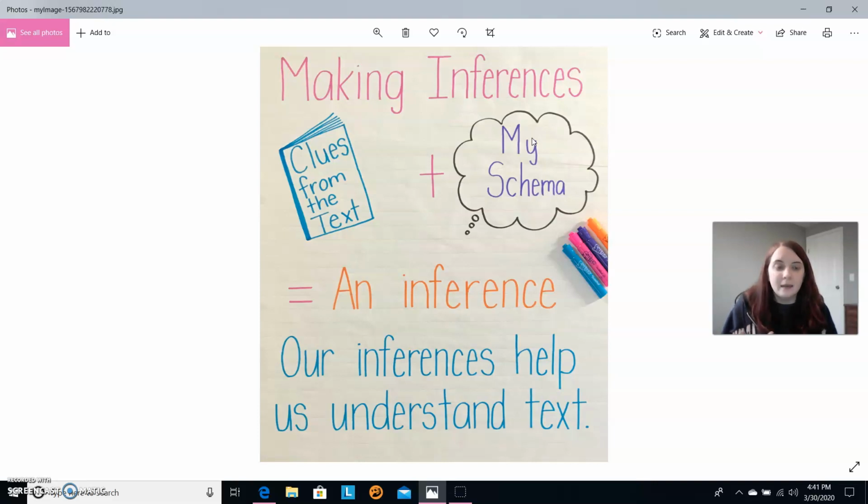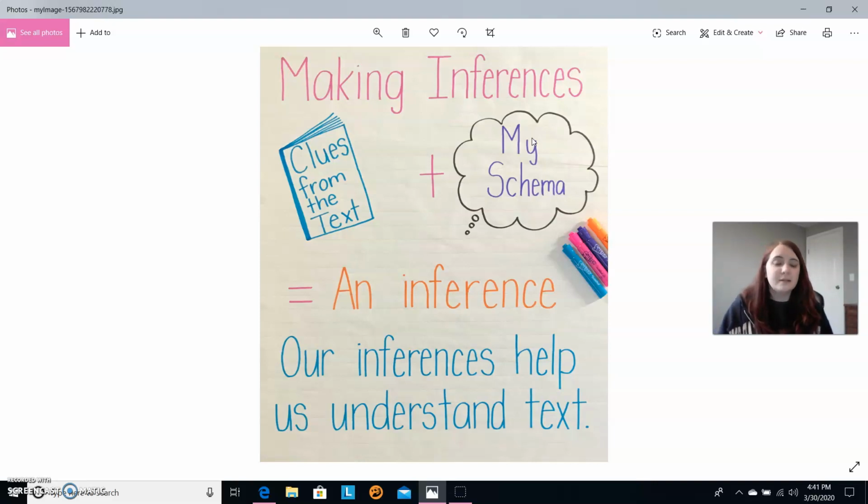Her mom made a cake. So that was the evidence. That was the text, the clues from the text. My schema is, well, okay, balloons are usually at parties, and usually you have a cake at a birthday, so putting those two things together, they're having a birthday party. That is what inferencing is.